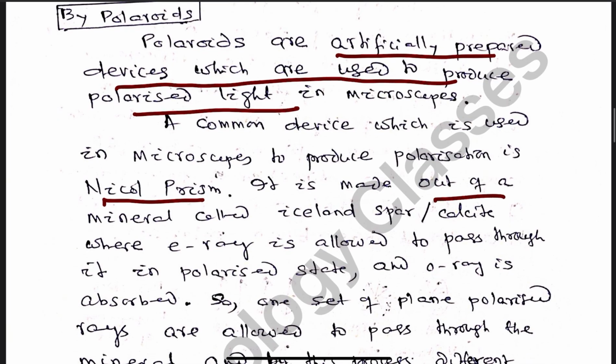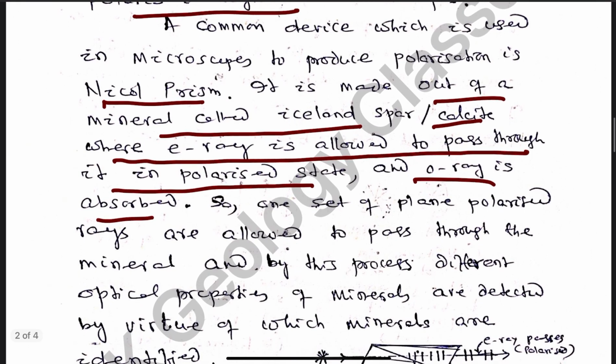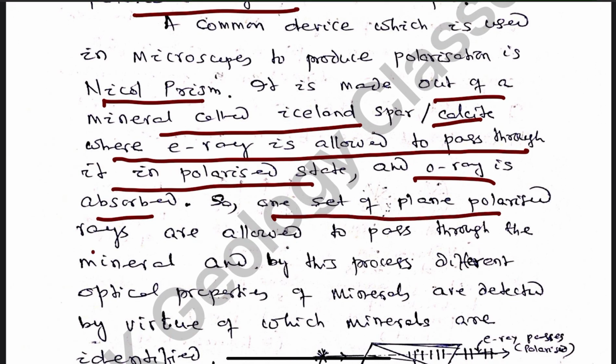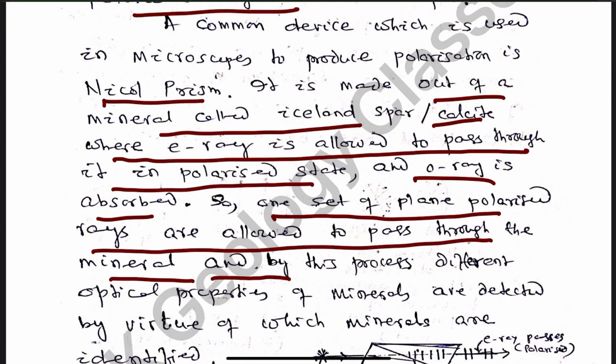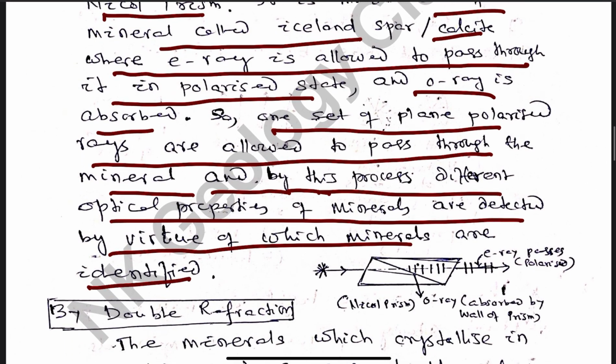It is made out of a mineral called Iceland spar, or calcite, where only the E ray is allowed to pass through, and it is in a polarized state, and the O ray is absorbed as per the very construction of the nickel prism. So, one set of plane polarized light rays is allowed to pass through the mineral, and by this process, different optical properties of minerals are detected, by virtue of which the minerals are identified under the microscope.